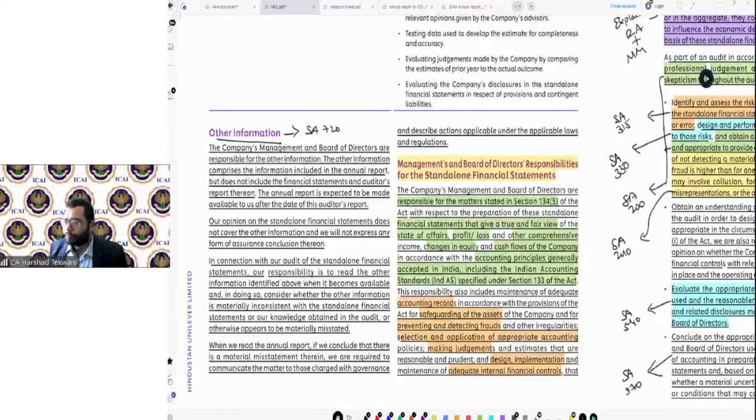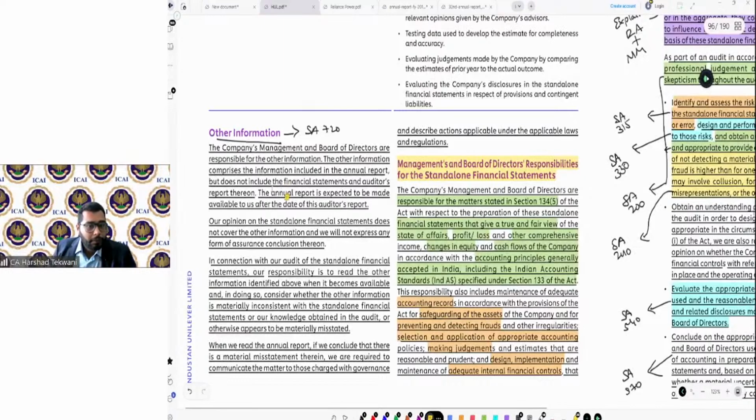Yes. As I was explaining, what is other information and what is misstatement of other information. There are two things I'll highlight. One, other information included in the annual report does not include the financial statements. The line says the other information comprises the information included in the annual report but does not include the financial statements and the auditor's report thereon.